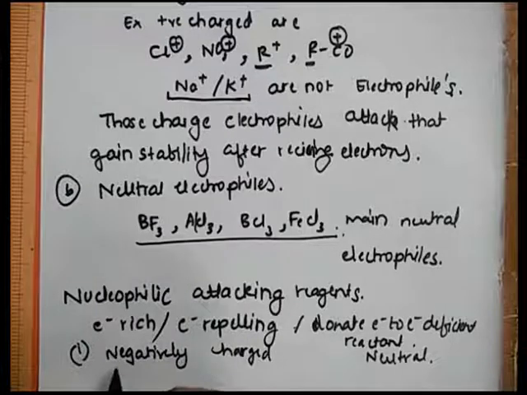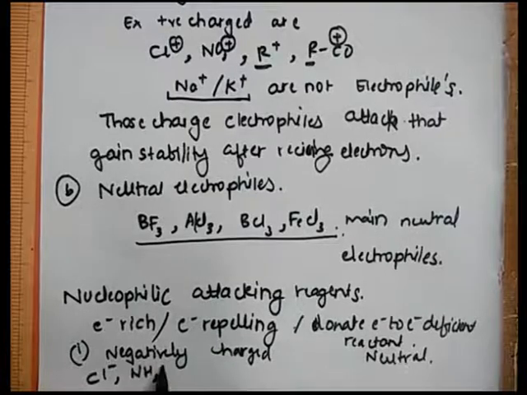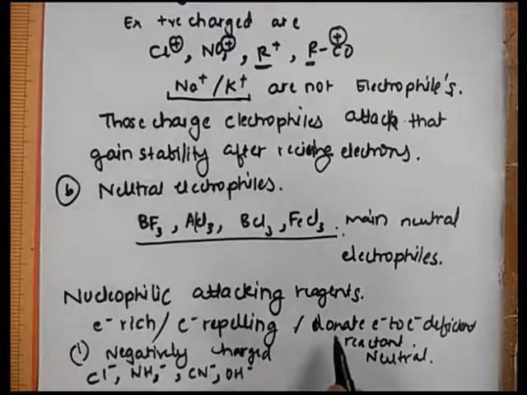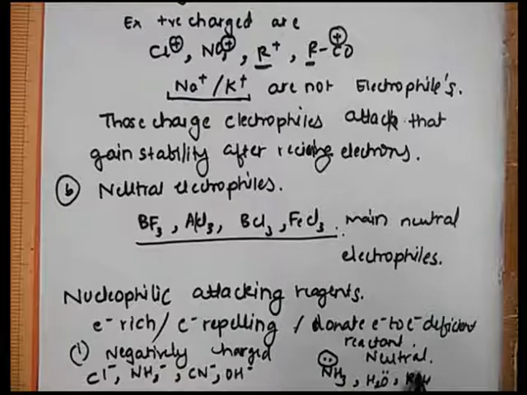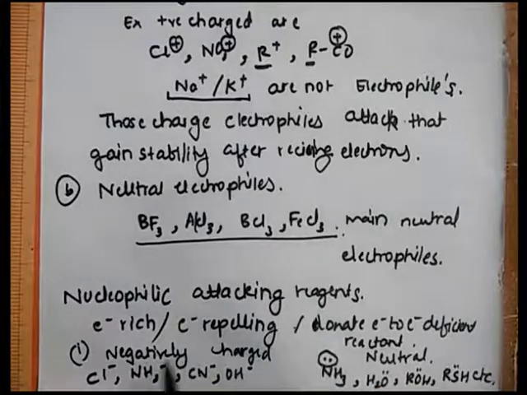The examples for negatively charged nucleophilic attacking reagents are Cl minus, NH2 minus, CN minus, OH minus, and those of neutral are NH3, where there is a lone pair that can be donated, H2O, where there is a lone pair, ROH, RSH, etc. Here we can see that Cl minus, NH2 minus become stable when they donate an electron pair.